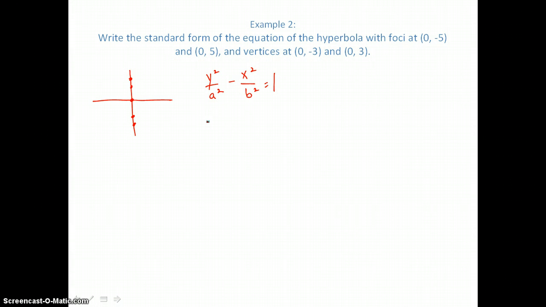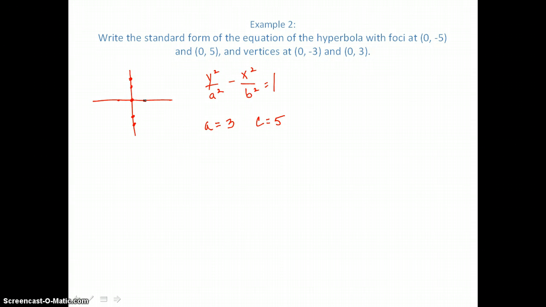So I need to know my a and b values. Well, I know a is the distance of the vertices from the center, and that distance is 3 units. I know c because that's the distance that the foci are from the center, 5 units. But what I don't know is b.